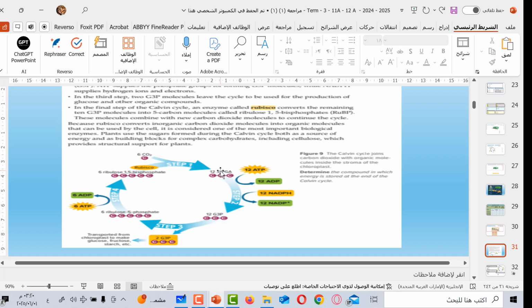Okay, and it's called another name, the cycle of fixed CO2. Let's see some questions about this. You must study it well. Okay.